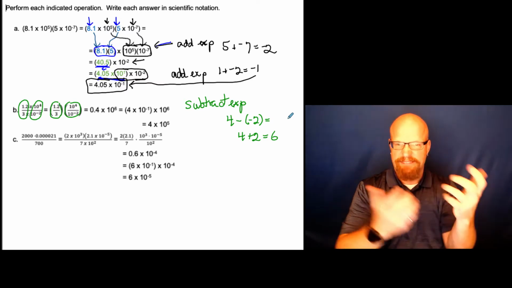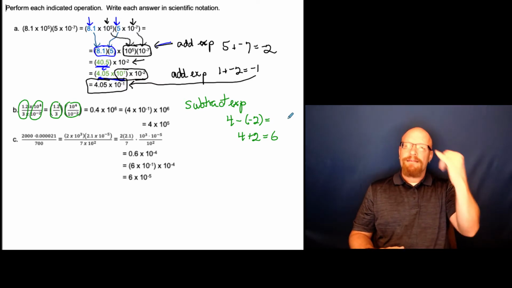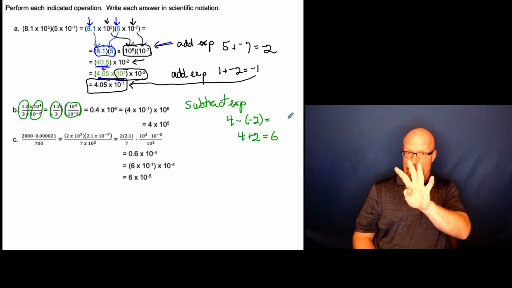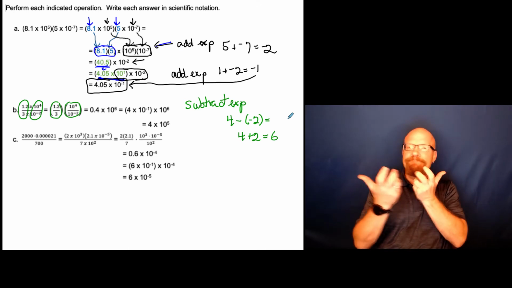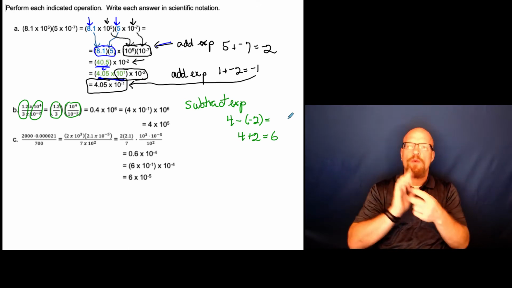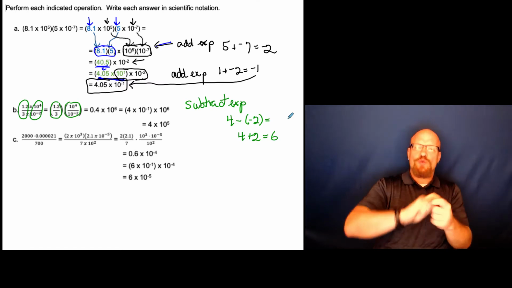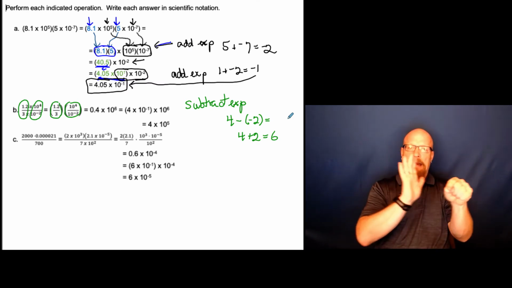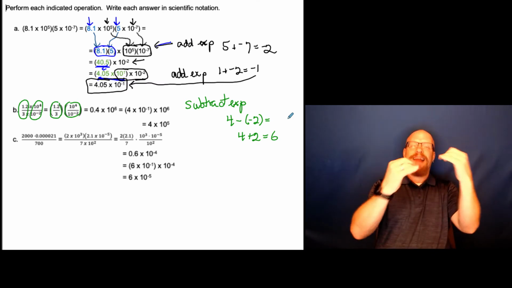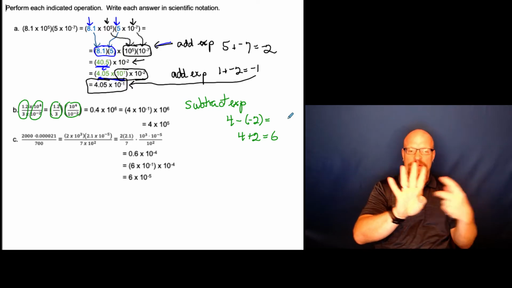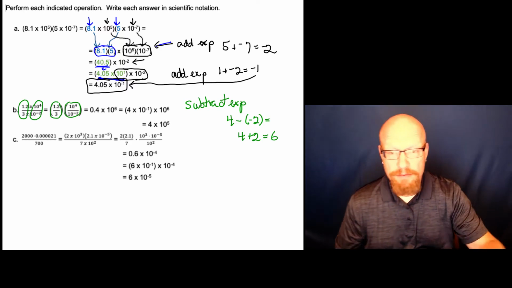And that's how that works out. Now the 0.4, it doesn't fit in with the rules of scientific notation. We'll have to convert 0.4 to 4 times 10 to the negative first. And it becomes 4 times 10 to the 5th overall, the final answer.